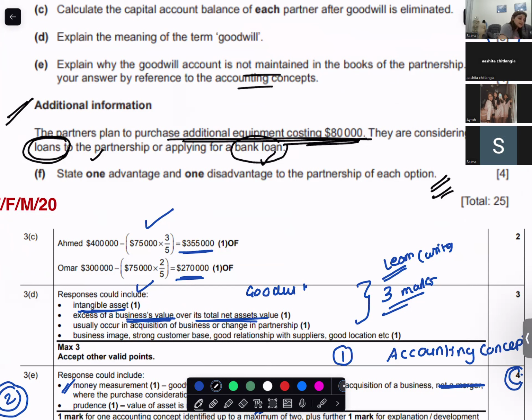One advantage, one disadvantage. You don't have to take tension about paying interest. Of course, interest you have to give. Loans from partners have to be given interest of 6%, less interest. Bank takes 12, partner will take 6.